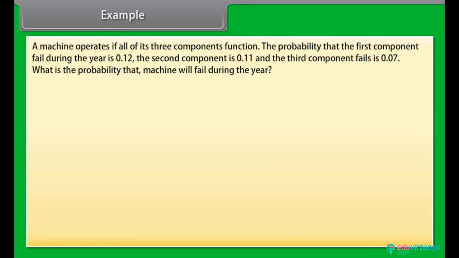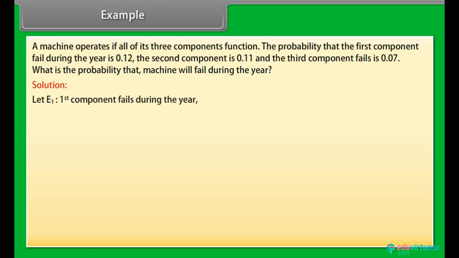Example. A machine operates if all of its 3 components function. The probability that the first component fails during the year is 0.12, the second component is 0.11, and the third component fails is 0.07. What is the probability that the machine will fail during the year? Solution.